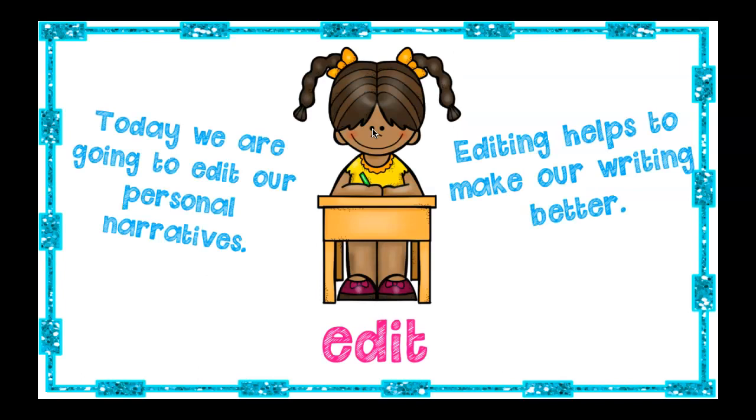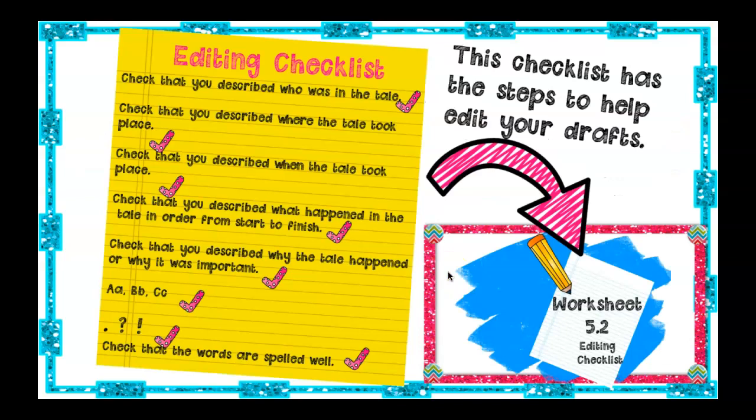Okay, now after we write, we always need to edit and make sure that we don't have any mistakes and make sure that we have every part of our story. So after you write your story, I want you to go through this checklist and check that you described who was in the tale. Make sure you told the reader where the tale took place.